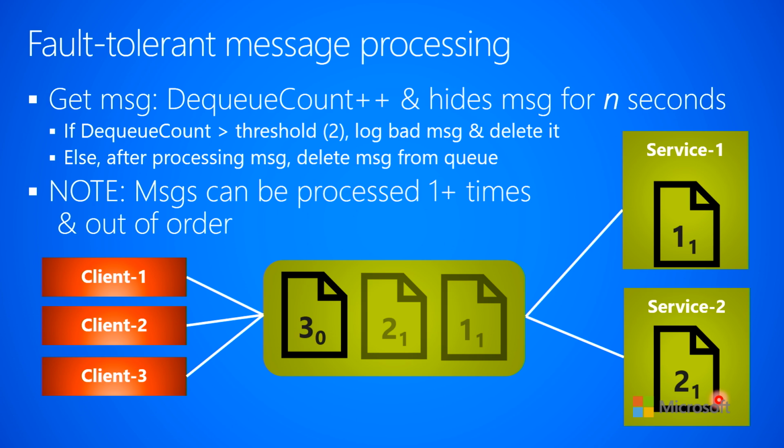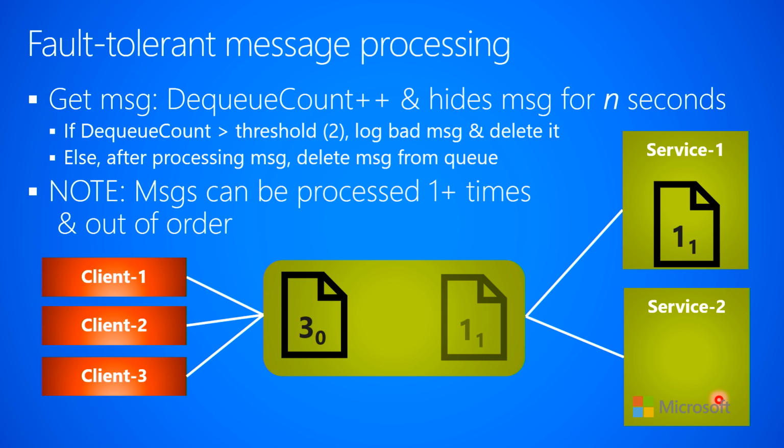Now let's say service 2 finishes processing the message in its entirety. So then it goes back to the queue and says, I have finished processing message 2, delete it. And so the queue now actually removes the message from the queue. It's no longer invisible. It has now been fully deleted from the queue. It does not exist anymore.